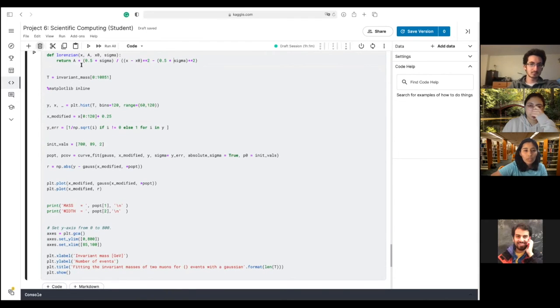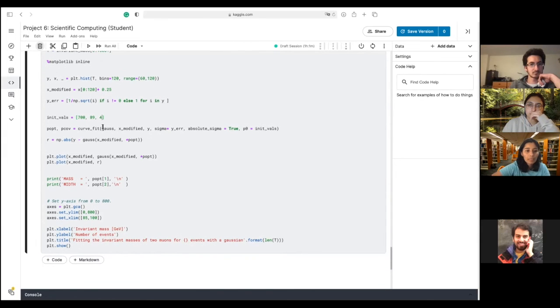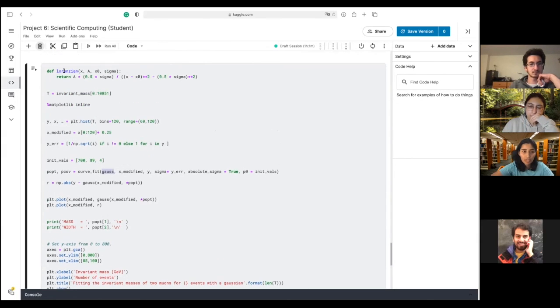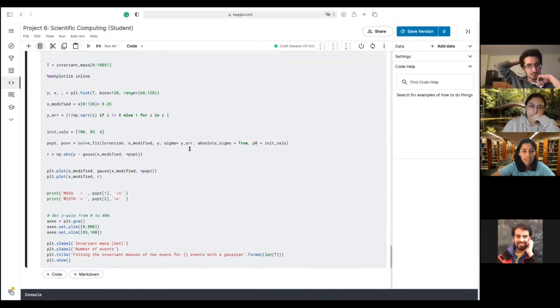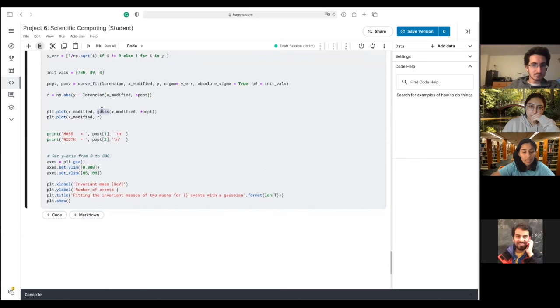So the initial values would not change much, because there's also the amplitude, and the mean and the width would also probably be similar. But over here we have sigma squared, so probably the width is 0.4. And then we do the same thing. We have our optimized parameters from the curve fit function, but here our function is different. So we try a Lorentzian, and here as well our function is a Lorentzian.